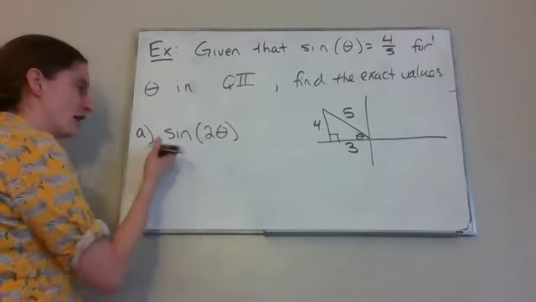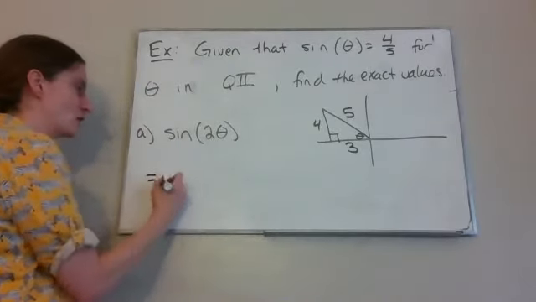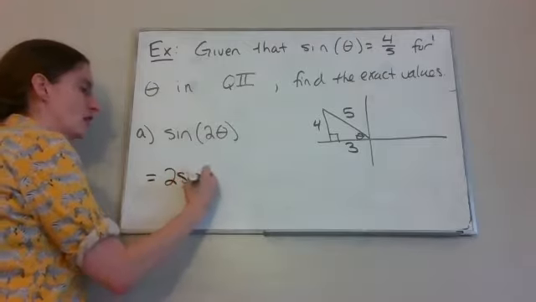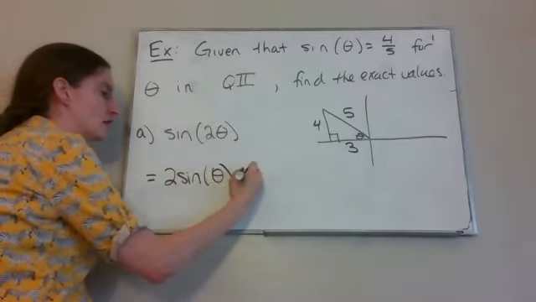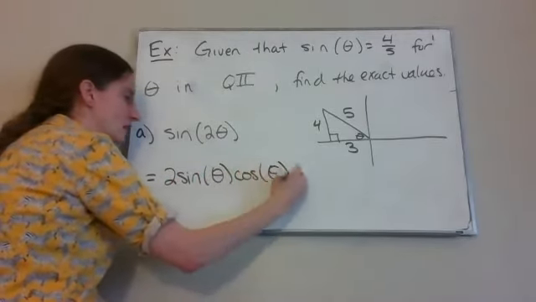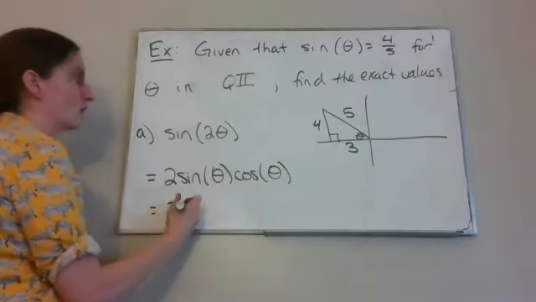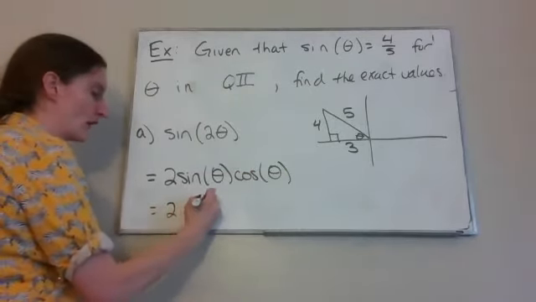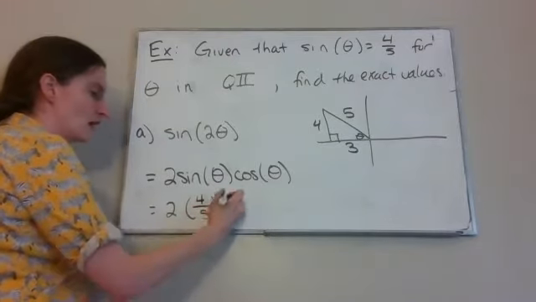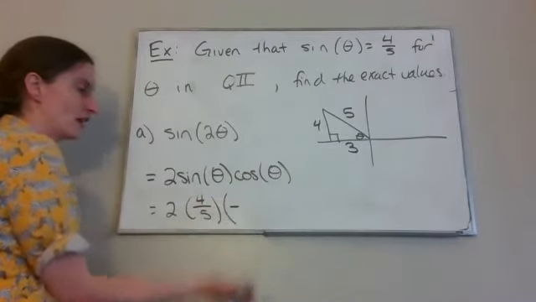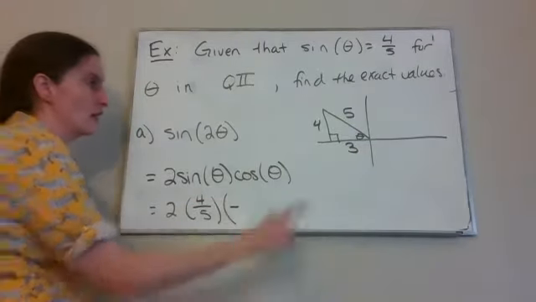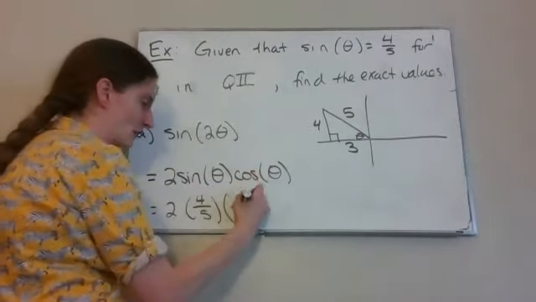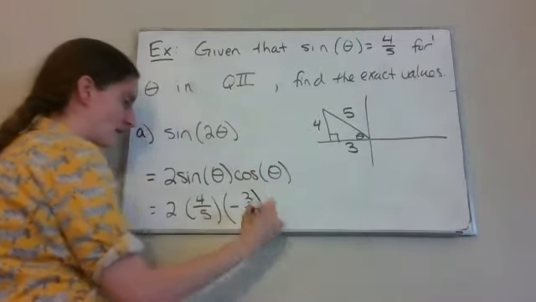Now, using my double angle formula, sine of 2 theta is equal to 2 sine of theta times cosine of theta. And I know sine of theta is 4/5. I was given that. Cosine of theta is negative because I'm in the second quadrant, and then it's adjacent over hypotenuse, so negative 3/5.